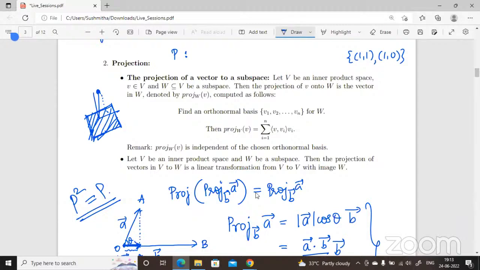For this you will use the Gram-Schmidt process, which we will see next. So for any vector space, you can always find an orthonormal basis using the Gram-Schmidt process.